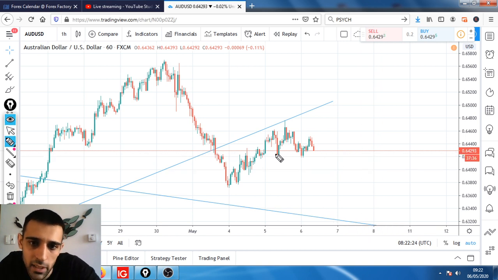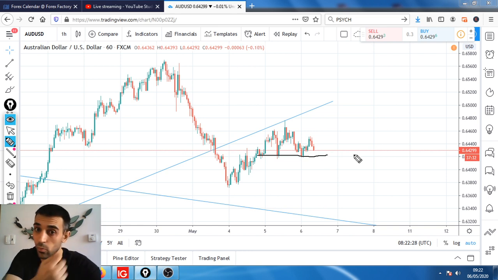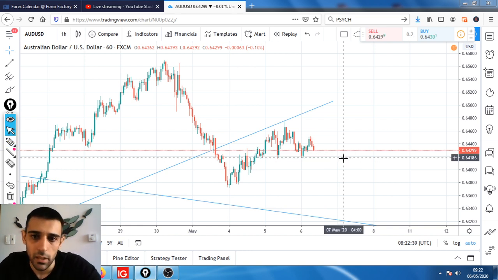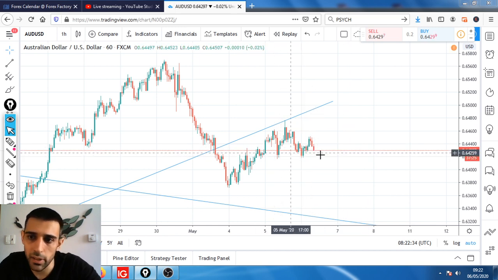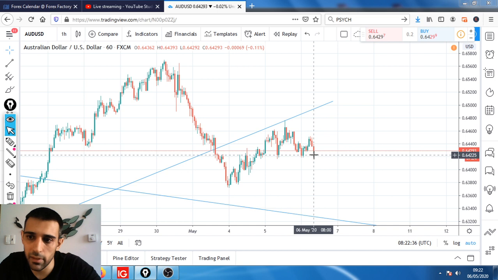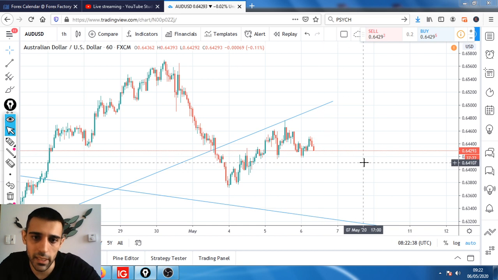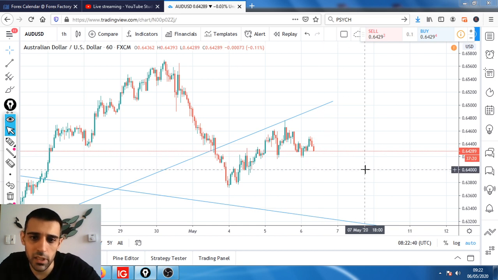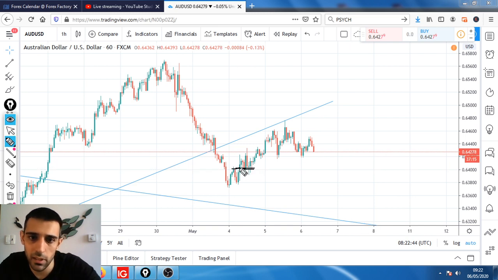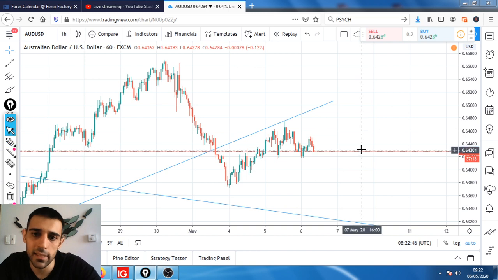However, we do have this support level down here, so that's why I wanted to wait and see what the price is going to do when it approaches this level in here at 64.20. The target is good as of 6400, so you're targeting down to this zone down here. So the target is in the right place.